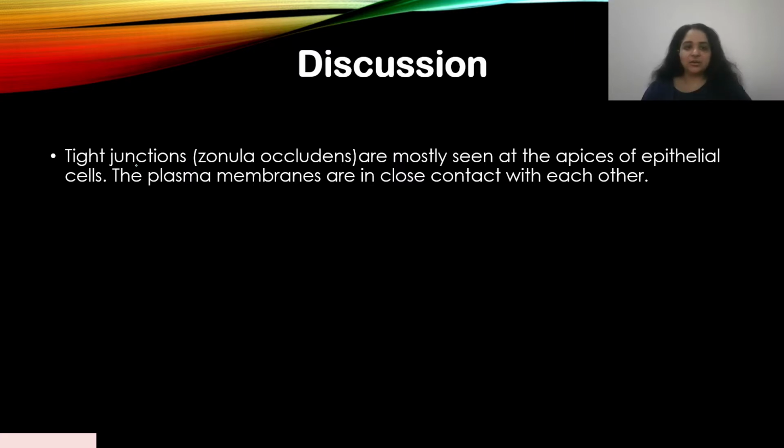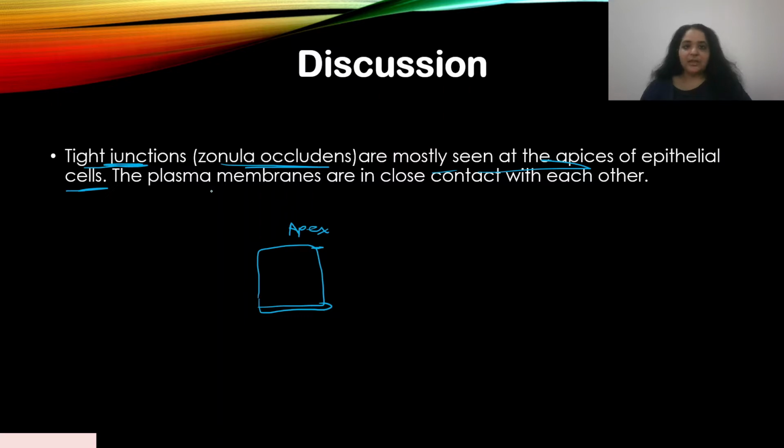Now, let's talk about tight junctions. It's also known as zonula occludens. Just giving it to you for information. I don't know if they'll ever ask you. They're mostly seen at the apices of the epithelial cells. I mean the apex part. This is the basolateral part. This is the apex part. It is seen over here.